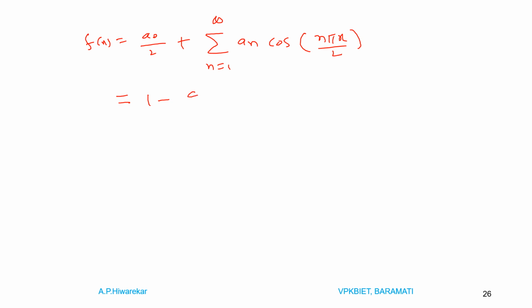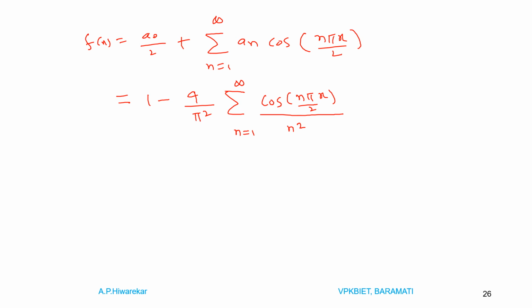4 by pi square, we can take it outside, sigma, then this will be cos of n pi x by 2, divided by n square with n as 1 to infinity.